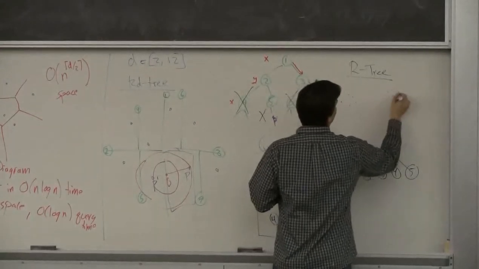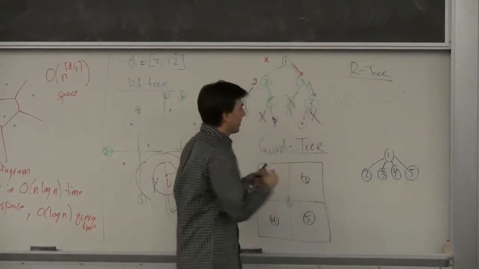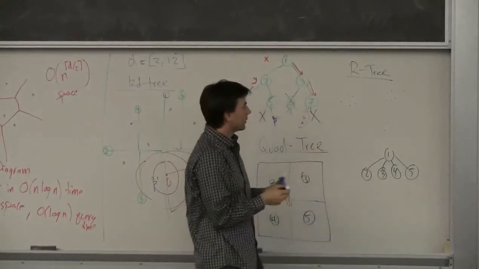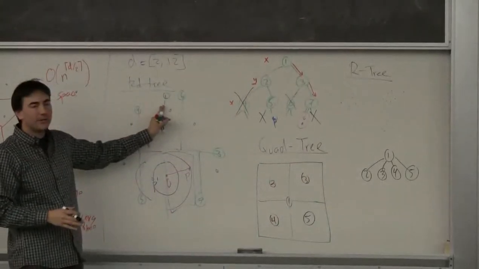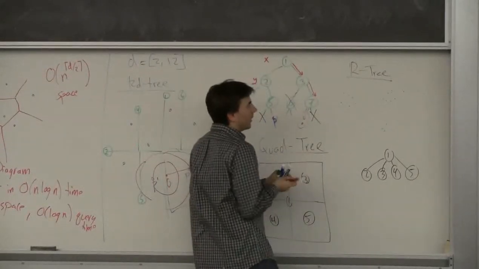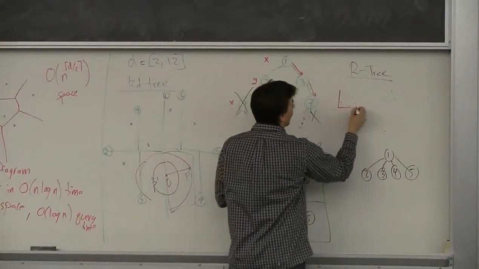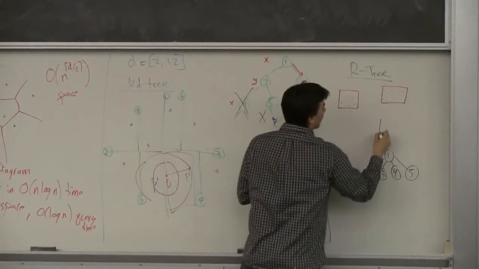So let's say the data looks like this. So what it's going to try and do is instead of splitting based on these dividing lines, it's going to try and draw these rectangles around the data. So the R stands for rectangle. And it's going to try and find the best fitting rectangle that divides up the data.